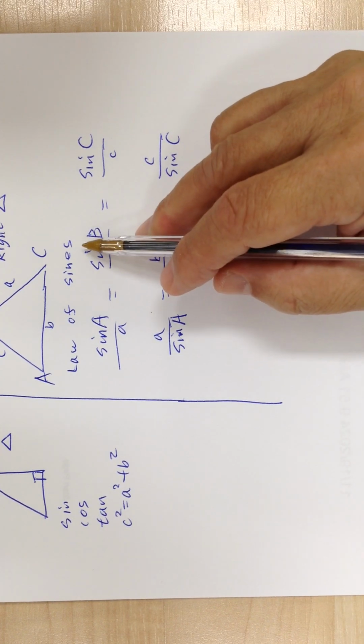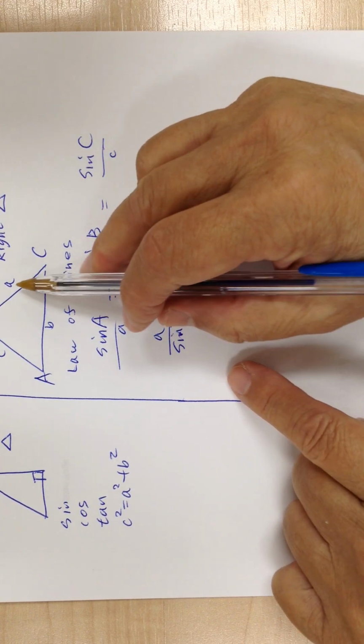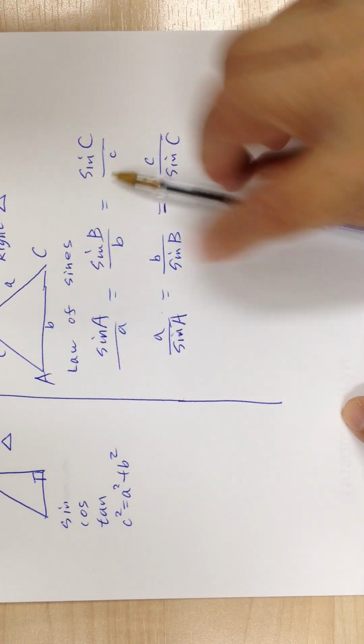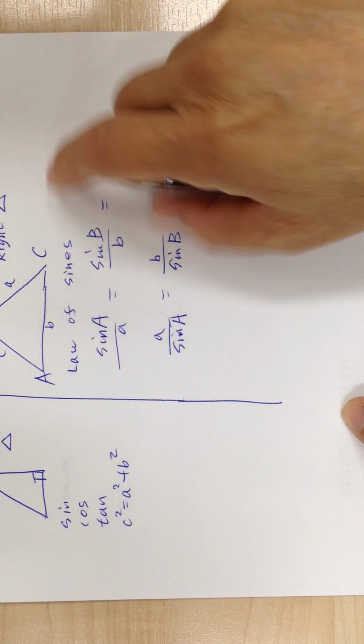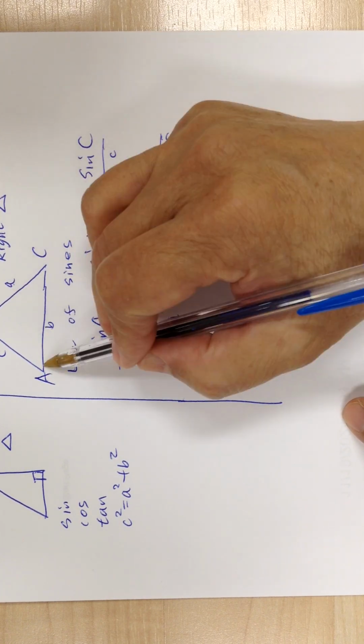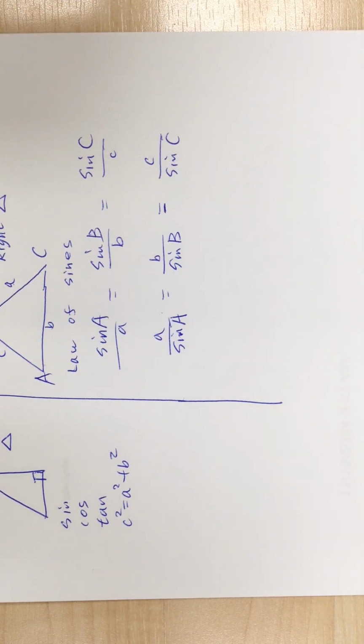Now, you use the law of sines when you know a side and the angle that's facing it. So when you're given a small a and the angle A, for example, then you can use the law of sines.